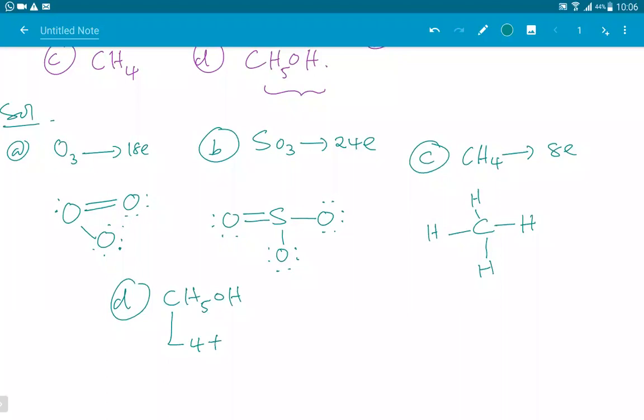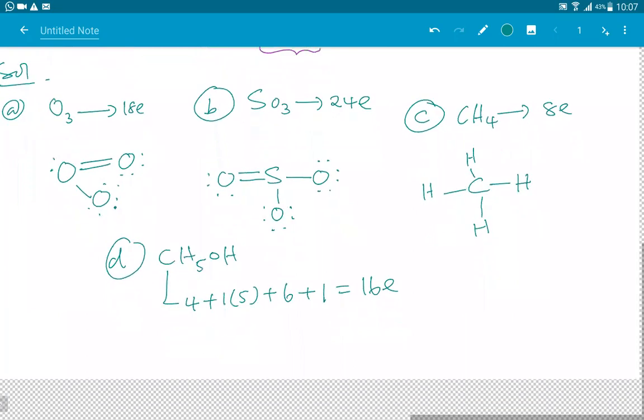The next one is 1 times 5, plus 6 for oxygen, and then plus 1 for hydrogen. So the total I've got is 16 electrons.